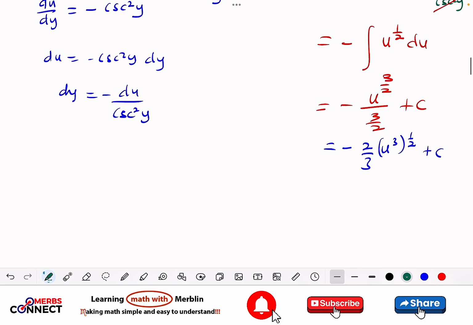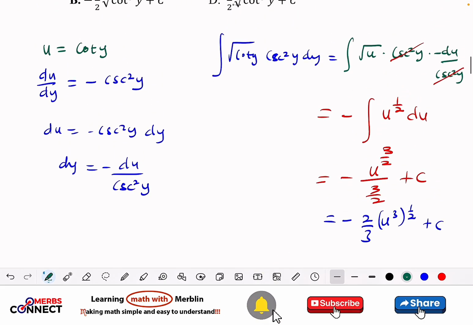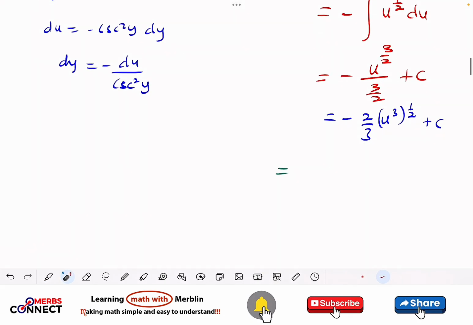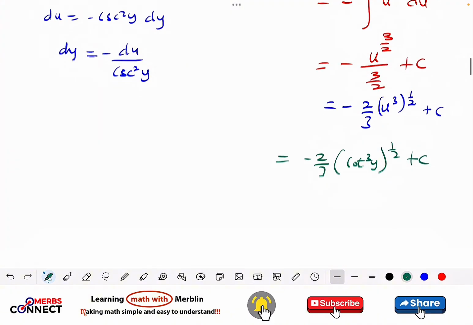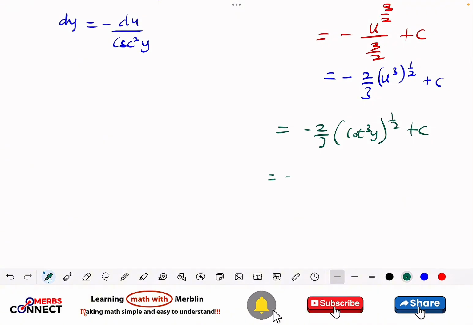Now what is u? u is equal to this. So I'll bring it in and have minus 2 on 3 cotangent cube y to the power 1 over 2, plus c. And then this is going to give us minus 2 on 3 square root of cotangent cube y, plus c. So that's what we are going to get from the function.